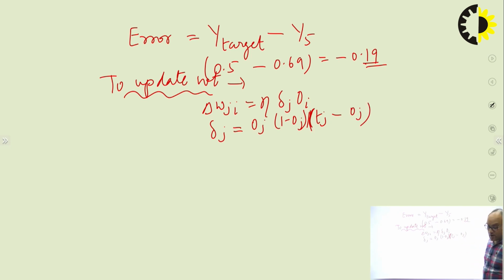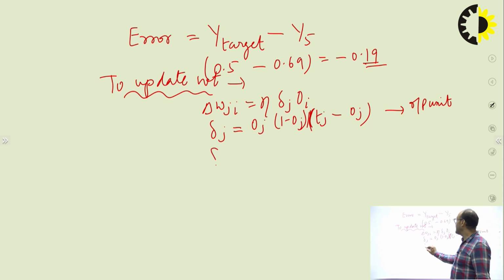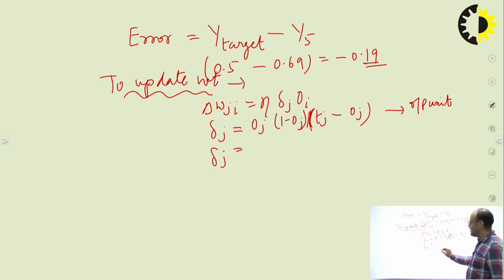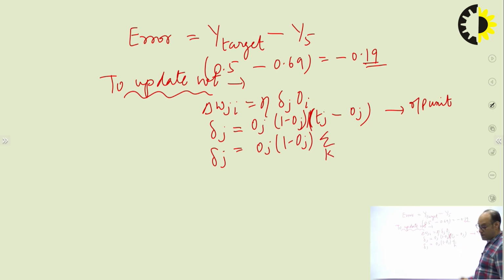This is my target output, this is my calculated output, है ना. This is for output unit, right? Again we will calculate OJ (1 minus OJ) summation for all output unit, ना, delta K W KJ, ठीक है.